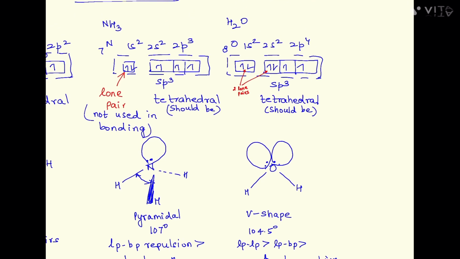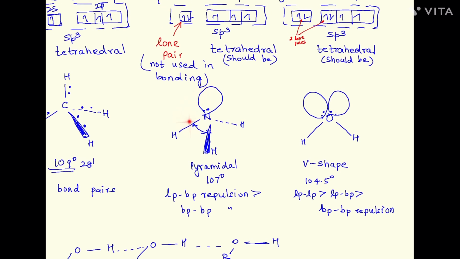In the case of ammonia, because of this lone pair bond pair repulsion, the structure that it acquires is pyramidal. Because the bonds are pushed closer to each other by this lone pair of electrons, the bond angle reduces and it shows a bond angle of 107 degrees. The shape now becomes pyramidal.